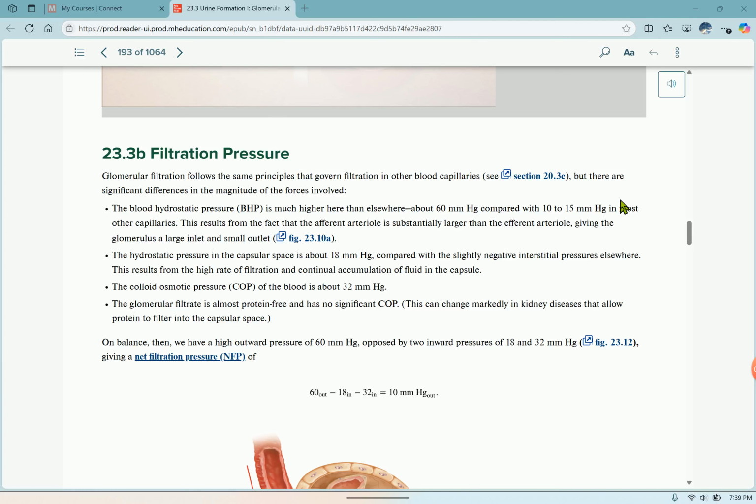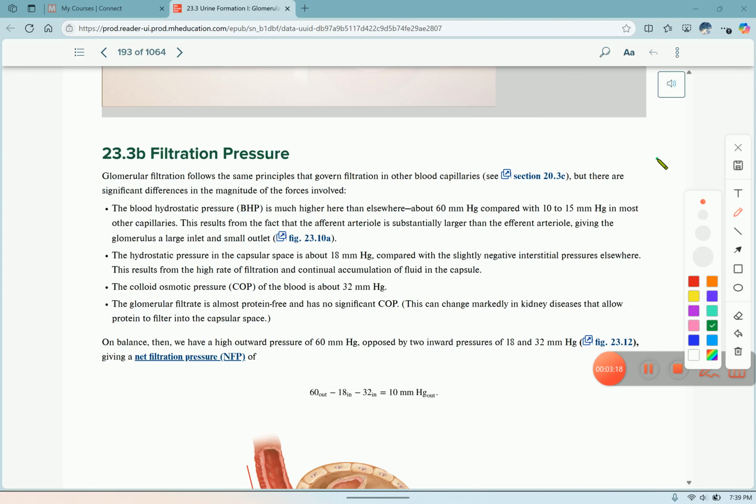Okay, with filtration pressure, first we need a pump. Okay, so that pump, which is the heart, has to push fluid. Okay, so it's going to have to push fluid into the kidneys. Okay, and we measure that in millimeters of mercury, right?